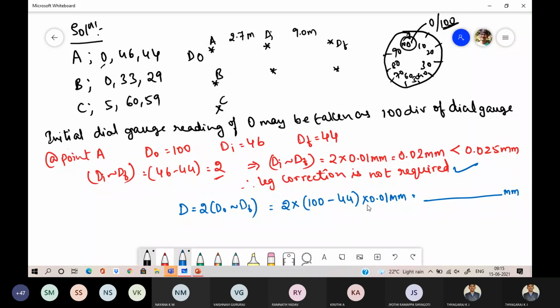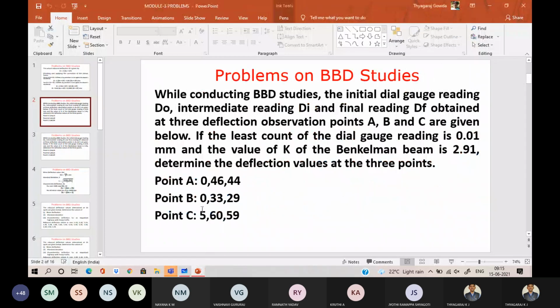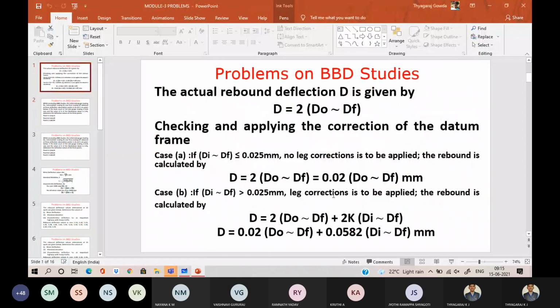Sir, can you once again explain, sir? Look here, if the leg correction is not required, since it is less than 0.025 mm, we are not supposed to apply the leg correction. Leg correction is not required means what formula are we going to use? We are going to use this formula.